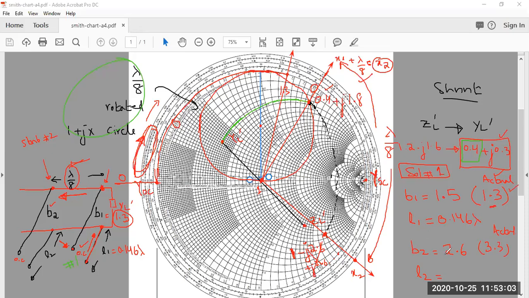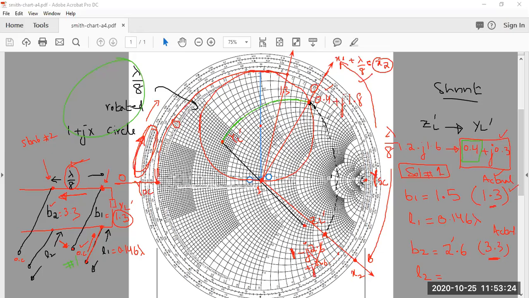In a similar manner, now you can do this for L2 as well. How much is the required susceptance from B2? Again, that was a rough calculation. The actual is 3.3. So again, open circuit point. You started at this point, and then you will be moving until you get B2 equal to 3.3.